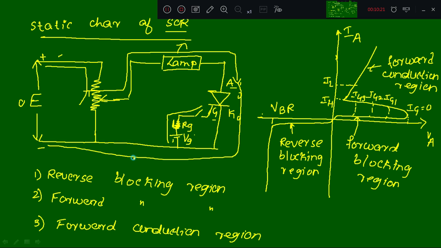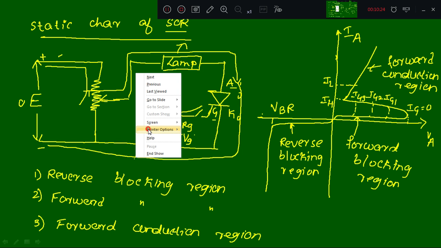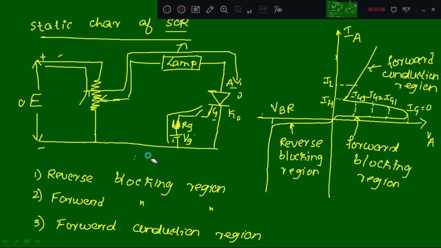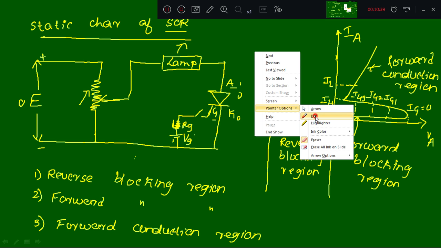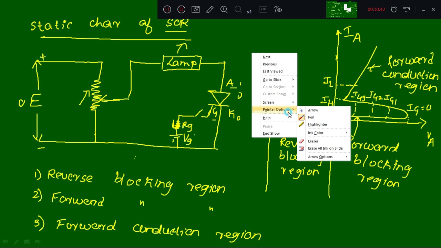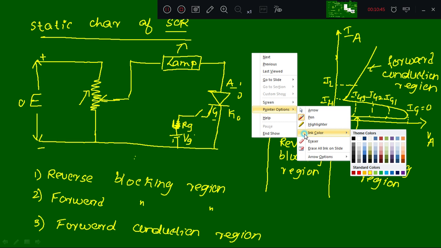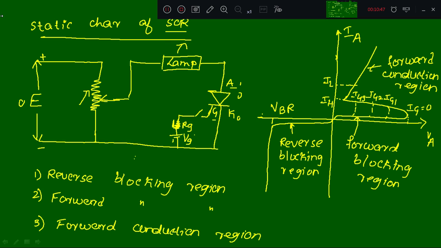I will repeat once again how the current will flow in the circuit. If you won't turn on this power supply, the SCR is open, it will not allow the current to flow.